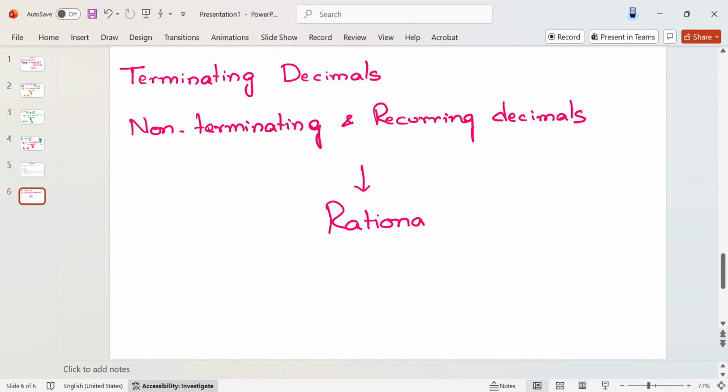Rational numbers we have already studied, they are in p by q form, where q is not equal to 0. When we convert these rational numbers, that means fractions, into decimals, we will get either terminating decimals or non-terminating and recurring decimals.